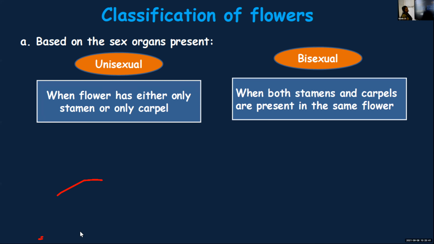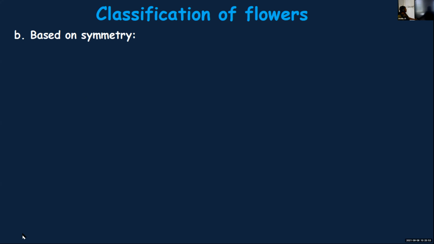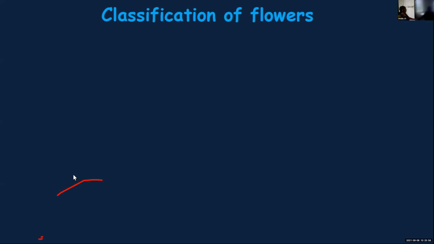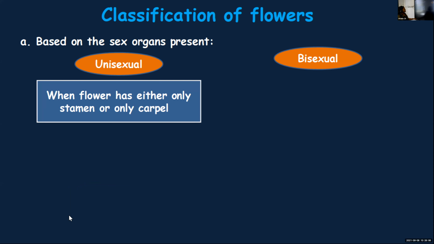Then bisexual. When both stamens and carpels are present in the same flower, for example hibiscus, you call it a bisexual flower. Bi means two. A bisexual flower has both male and female sex organs, both stamen and carpel. Once again, unisexual and bisexual.